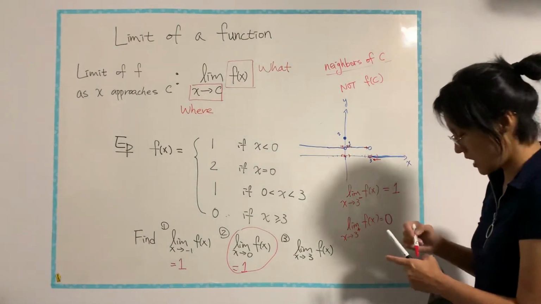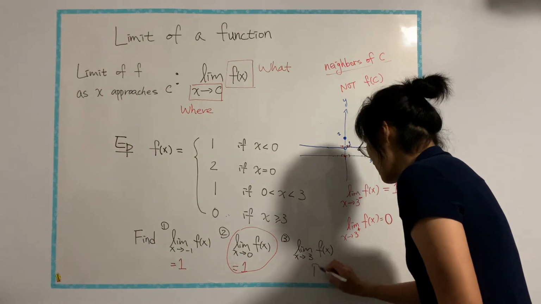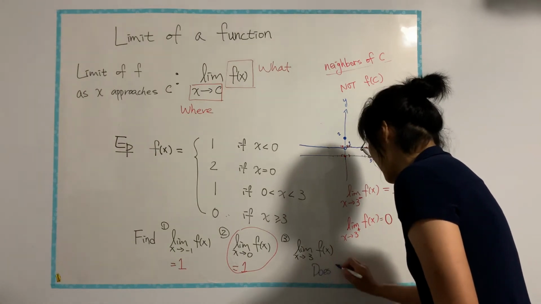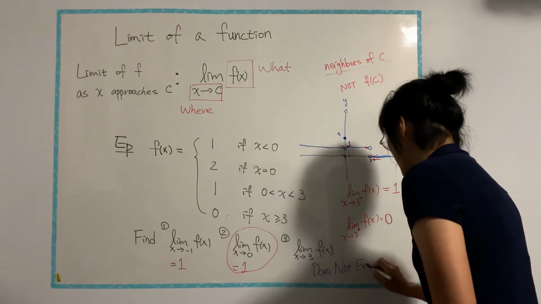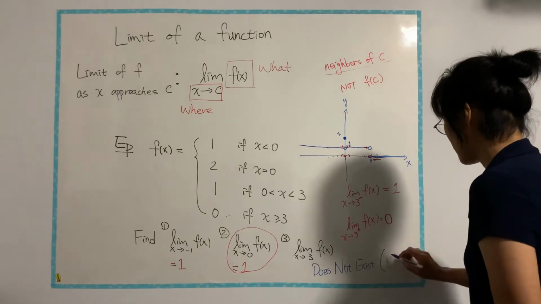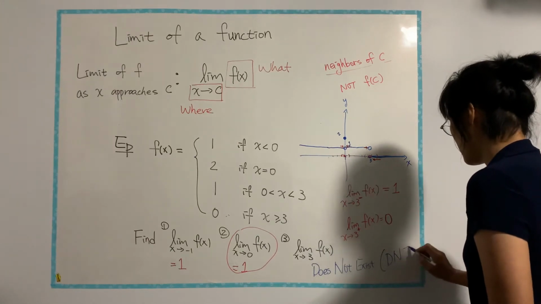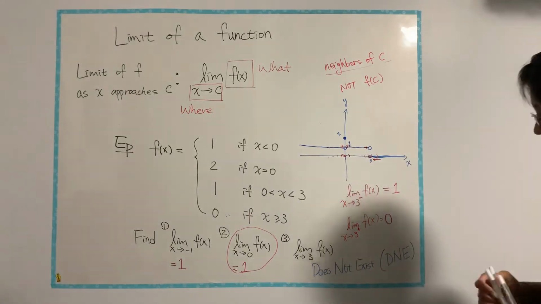So in this case, we say this limit does not exist. And usually we'll just write DNE to refer to the limit does not exist.